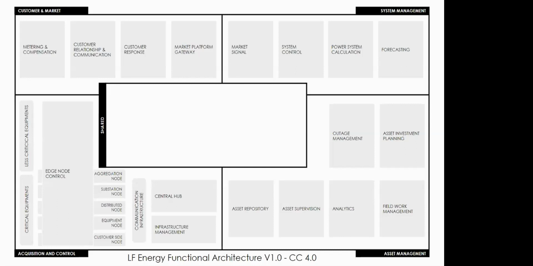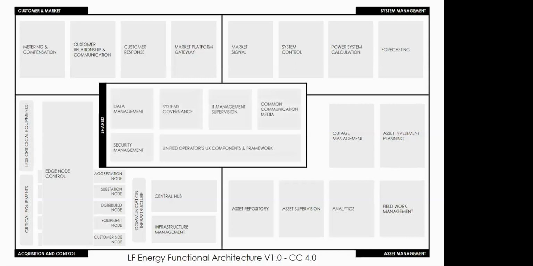Also in acquisition and control, we have a special subcategory, edge node control. And this contains all the shared functionalities that are required by each of the other nodes. And also shared contains several subcategories, such as security management, that's responsible for securing all systems and processes.